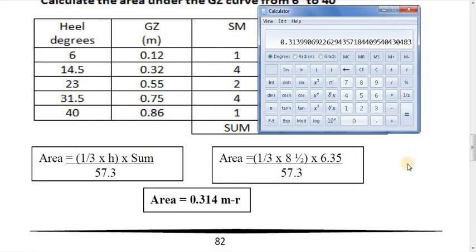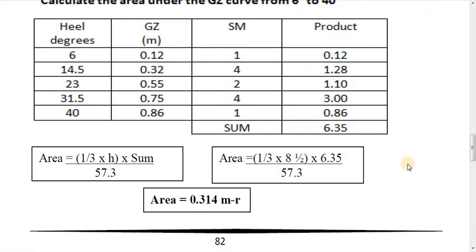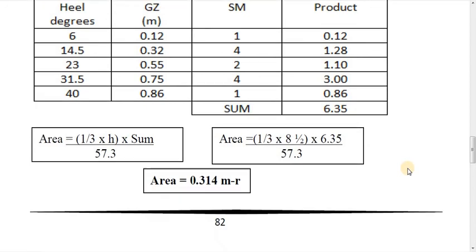So this is the area under the 40 degrees angle of heel.